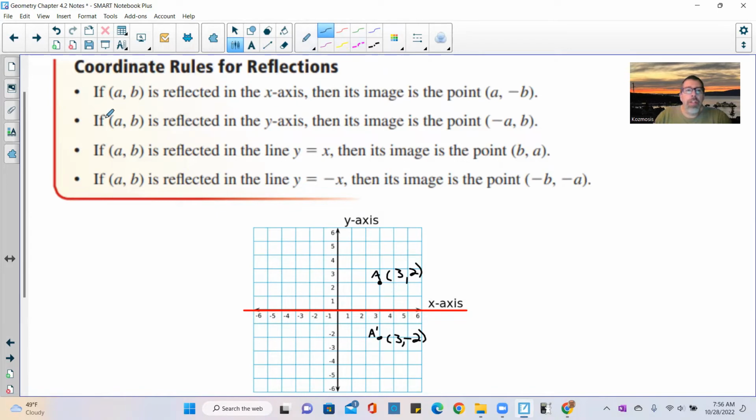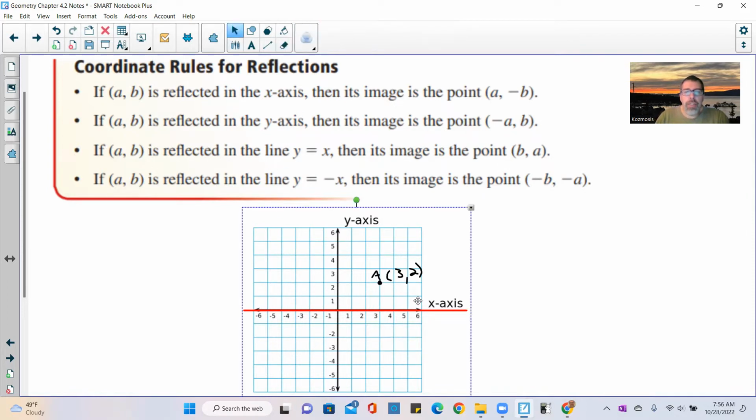Okay, so the next one is, if A,B is reflected in the y-axis, then its image is the point -A,B. So let me get rid of this. And my line of reflection is going to be the y-axis. So let me move this up to here, like so. Okay, so now this is my reflection line.